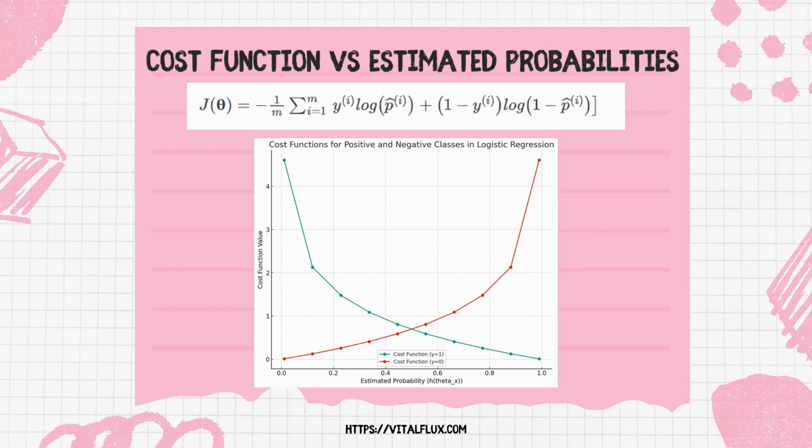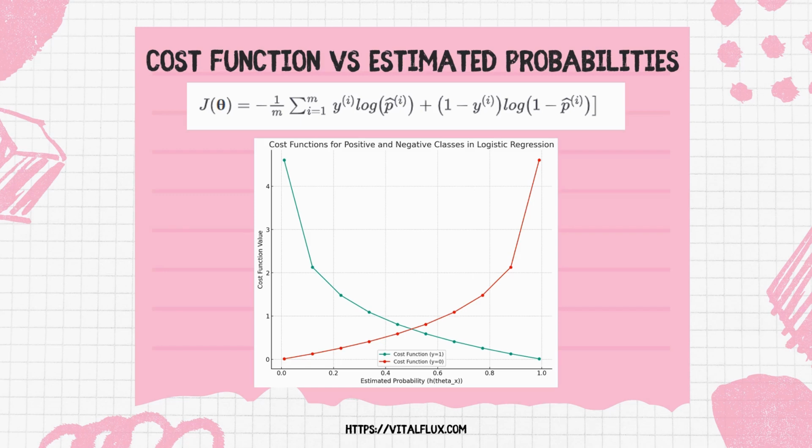Similarly, now let's understand the red curve. If the estimated probability for the positive class is low, and it is actually a negative class, well, that's what we want, so the cost will be low. But as we move closer to 1, if the estimated probability that it is a positive class is high, but it is actually a negative class, the cost function has to be high.